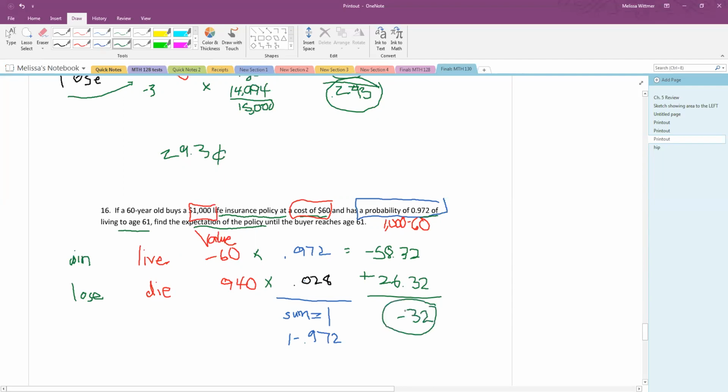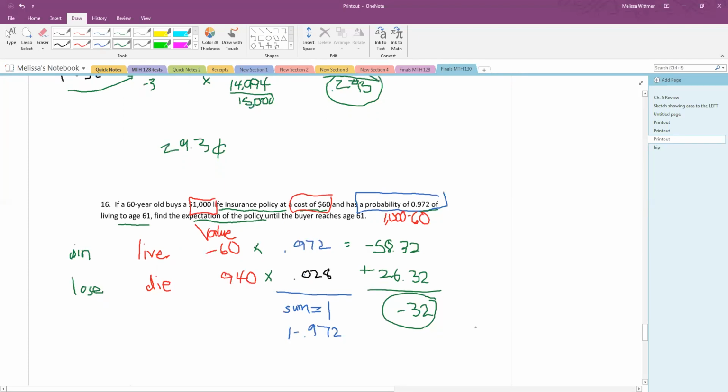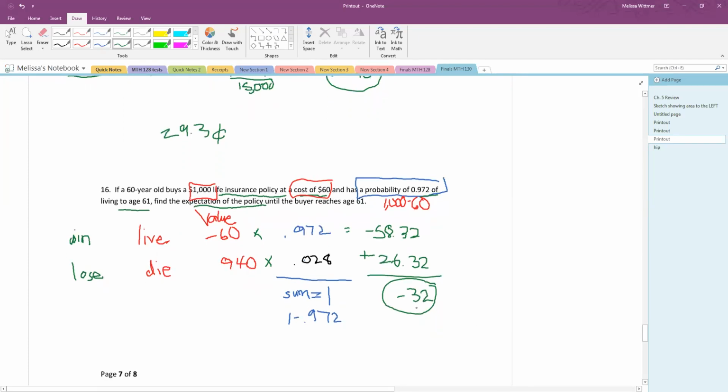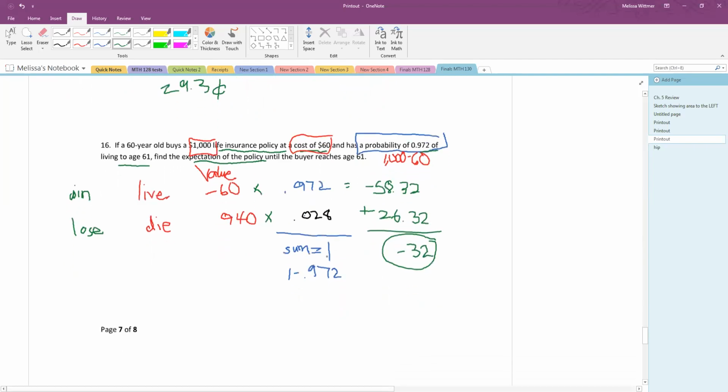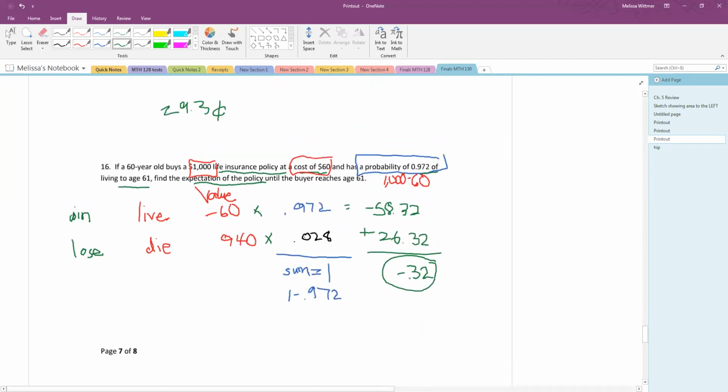So the interpretation of this is that in the long run, it's a loss of $32 per policy for the person who purchases it. So it means that the company is coming out on top in the long run with all the people who buy this policy. Some will die, but most will live. So in the long run, they make money off of that policy.